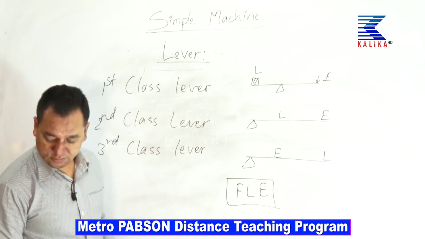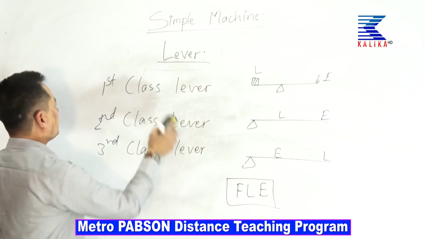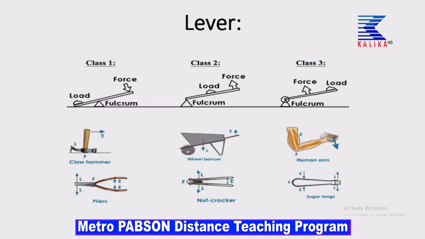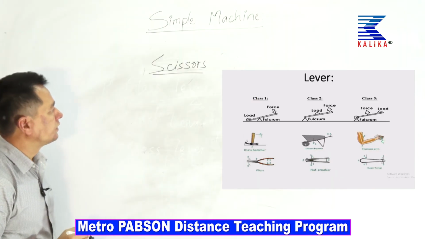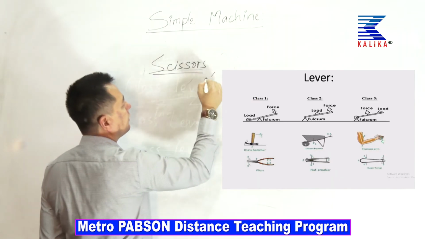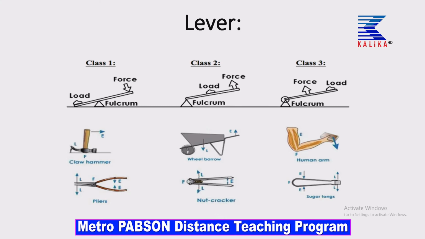Now let's find out some examples. Which devices do we use on a regular basis? Scissors, yes. We use this on a regular basis. What else? Knife also can be categorized as a type of lever.